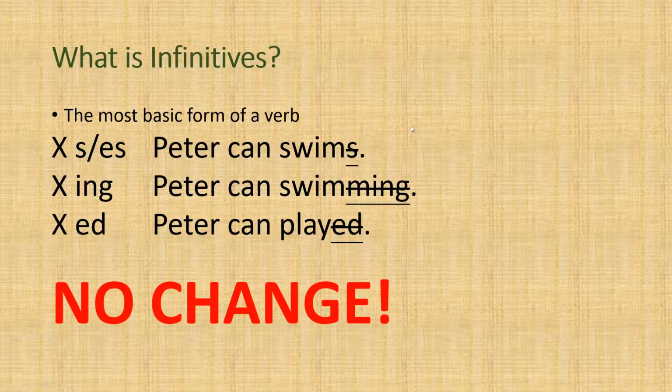So take a look at these examples. Peter can swim. Of course, this is wrong. I think most of you will know that after modal verbs, the verbs will not change. No s, no ing, no ed, no change. Just go back to the basic form of the verb.